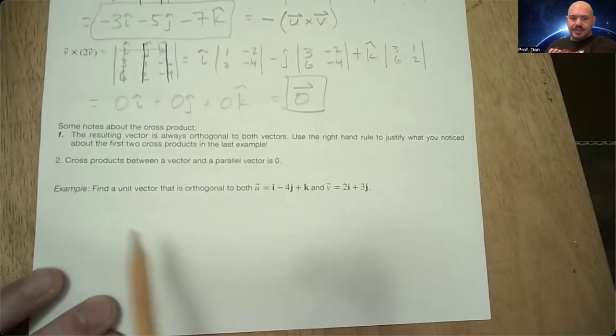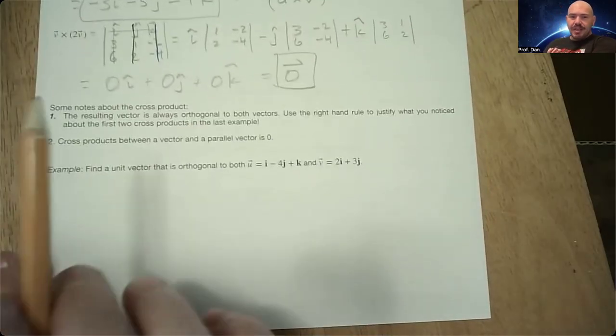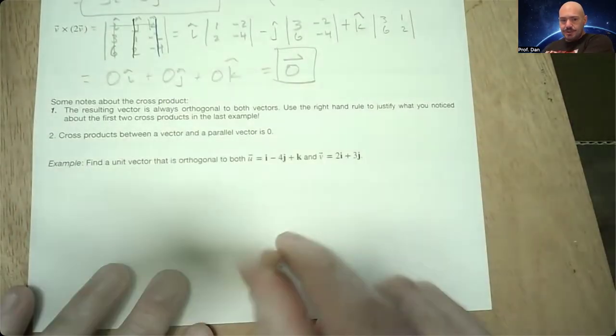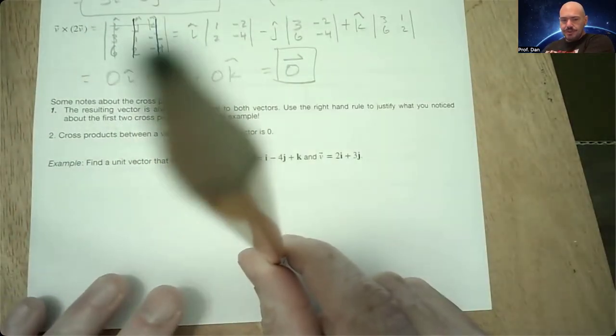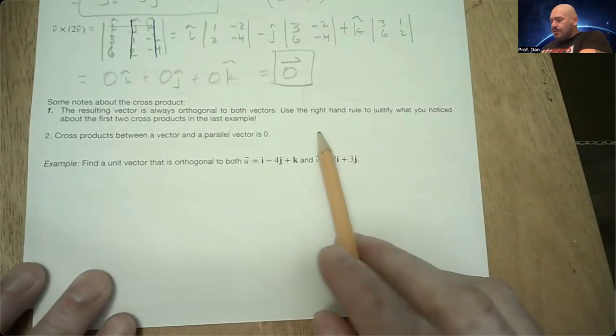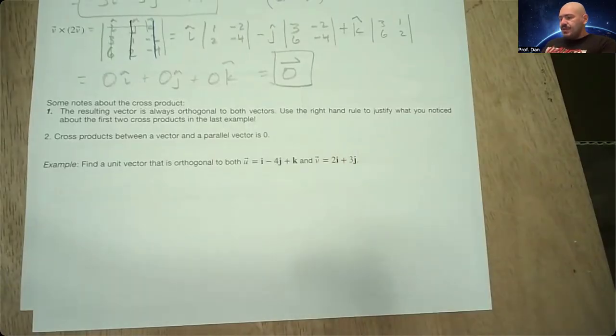Okay, some notes about the cross product. We've already kind of talked about them, but to summarize, the resulting vector is always orthogonal to both vectors. Remember, if I have two vectors on a piece of paper, the cross product will be poking out of the paper, which would be orthogonal or perpendicular to both of the vectors in the paper. We can use the right-hand rule to justify what we noticed about the first two cross products.